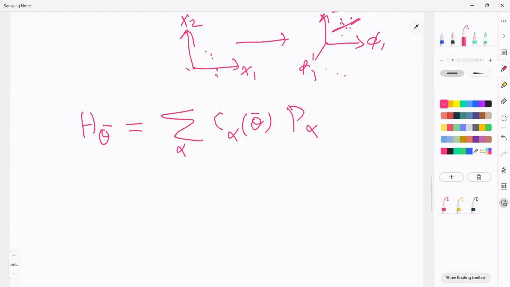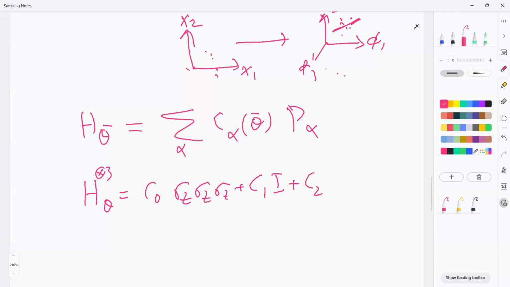For example, if this H is a 3-qubit operator, we might have some term that is sigma z, sigma z, sigma z. We might have some term C1 identity. We might have some term C2 identity tensor X, and so on.